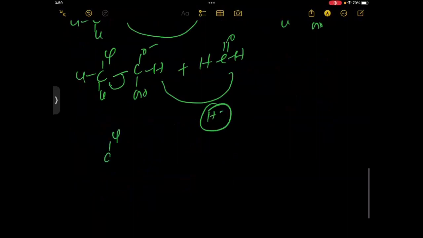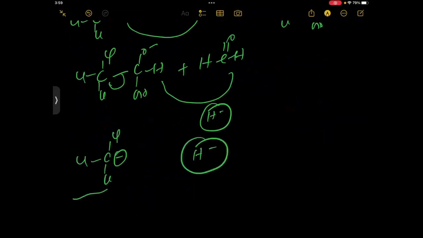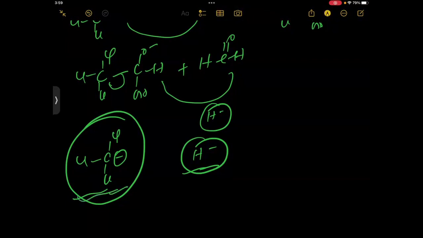So now my question to you, what do you think? Which is the better leaving group, this compound or the hydride? Obviously, this compound is going to be the more stable. Students, a leaving group being more stable means that after they leave, how stable they are decides the stability of any leaving group. So this is the most stable leaving group.